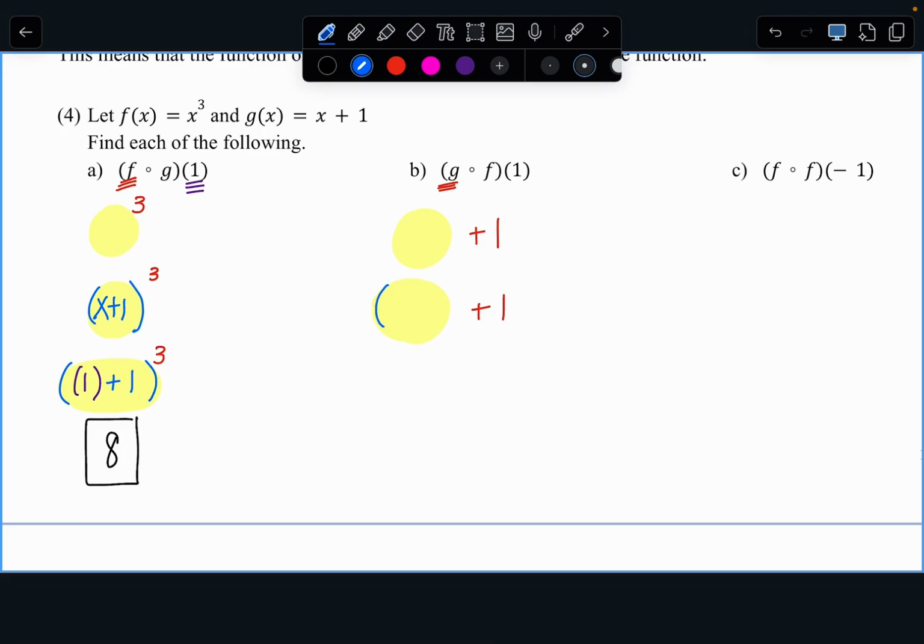So in this spot, we have x to the third. That's getting plugged in that spot. And then instead of x, we're plugging in 1.